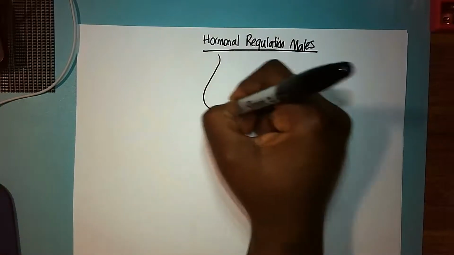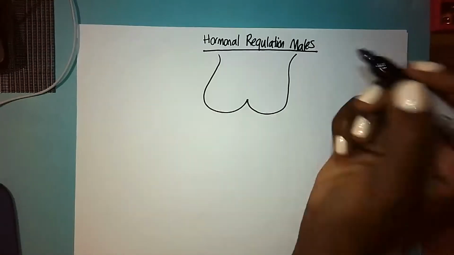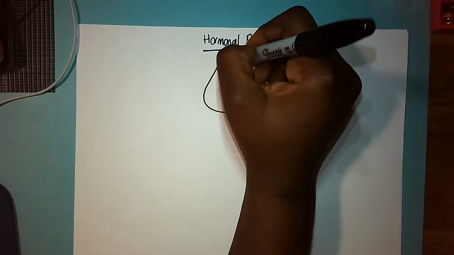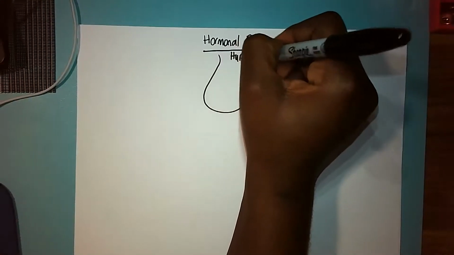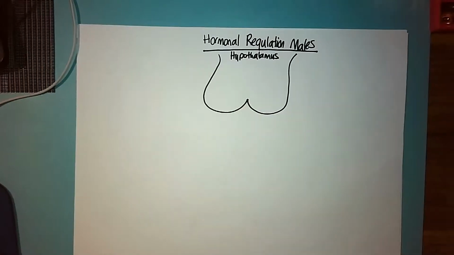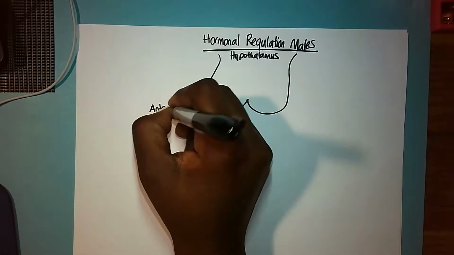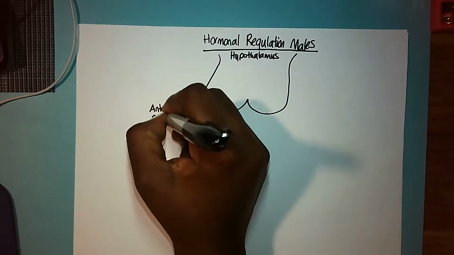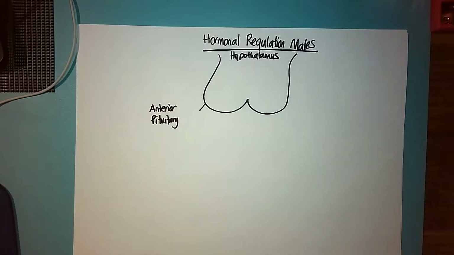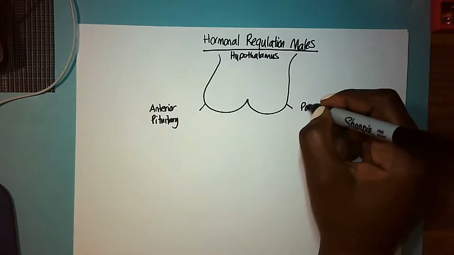So we've got the hypothalamus. And the anterior pituitary. And the posterior pituitary.